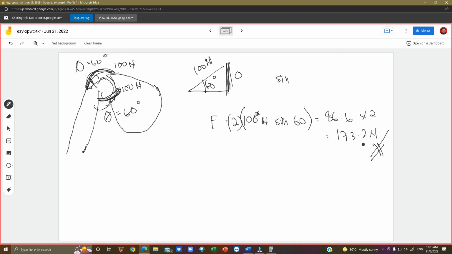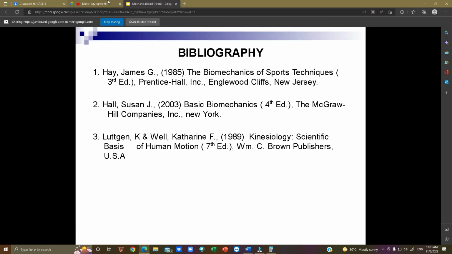Okay? Alright. Okay, so that's all for our discussion today. This one is just about concept of stress and strain. So just remember, stress is compressive, strain is pulling. Okay, and as the definition of force, it is actually a push, a pull, or a blow.